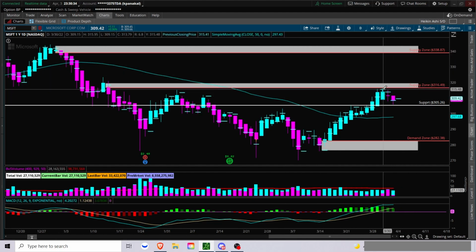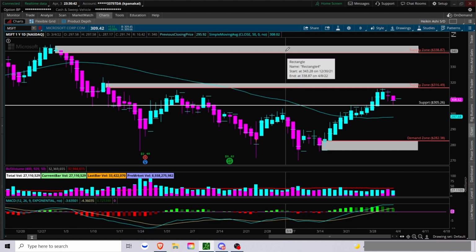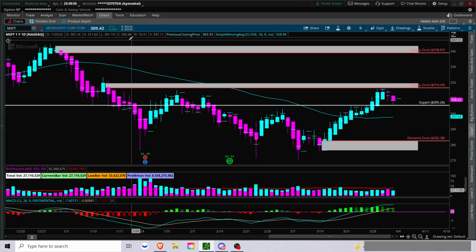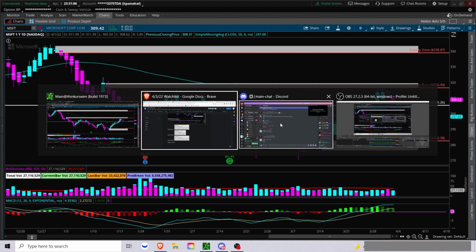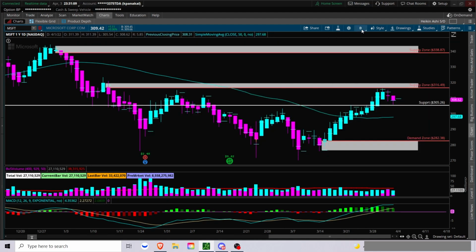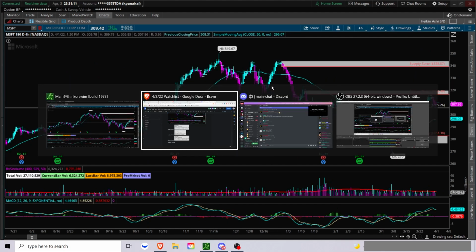So if maybe 2 more weeks go by and we still did not test this supply zone, we might not look at it as much, since it's been a long time, and all the unfilled orders in the supply zone might as well be liquidated at this point. Nice job pointing that out, Krish. Let's go back to the 4-hour.